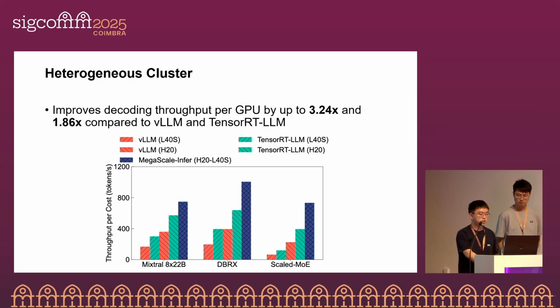In heterogeneous deployment, the disaggregated deployment of attention and FFN allows the use of more cost-effective hardware. In contrast, baselines only run on homogeneous nodes. Therefore, compared with vLLM and TensorRT-LLM, MegaScale-Infer boosts the per-GPU decoding throughput by up to 3.24 times and 1.86 times, respectively.